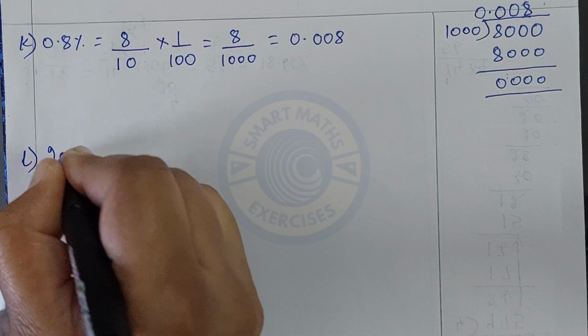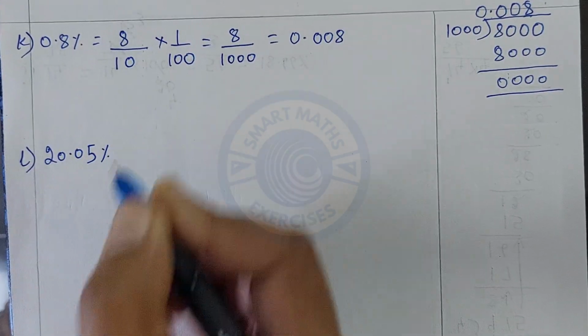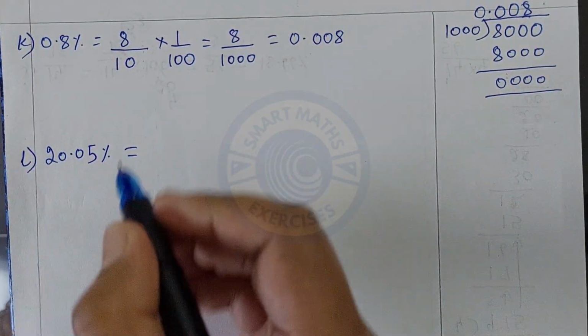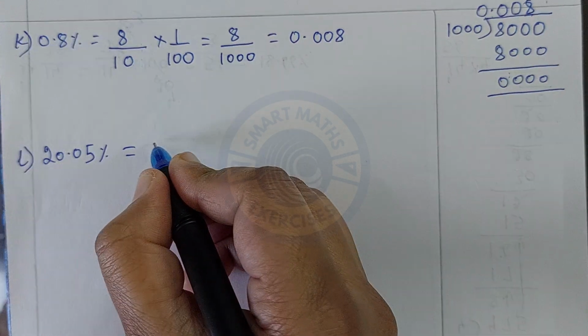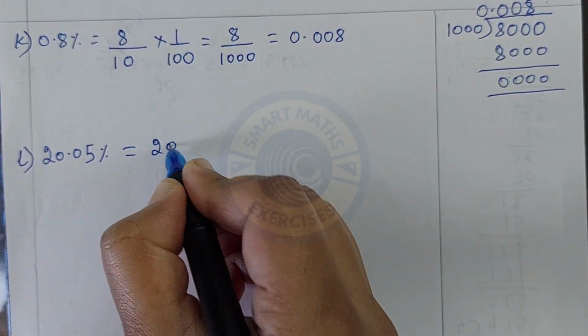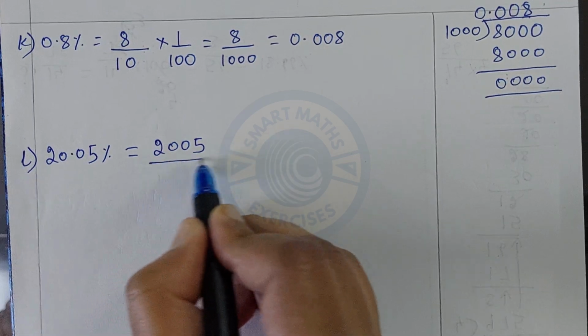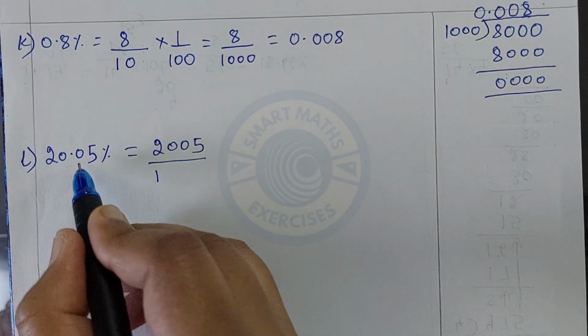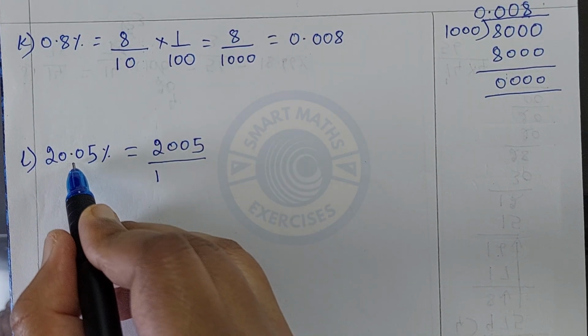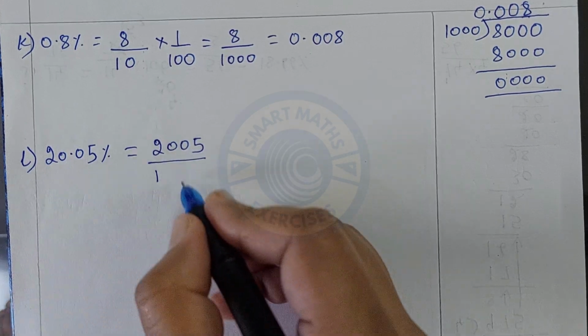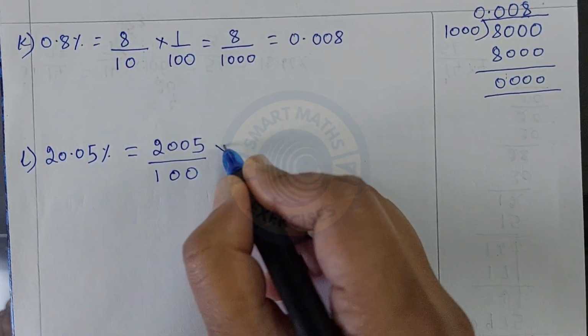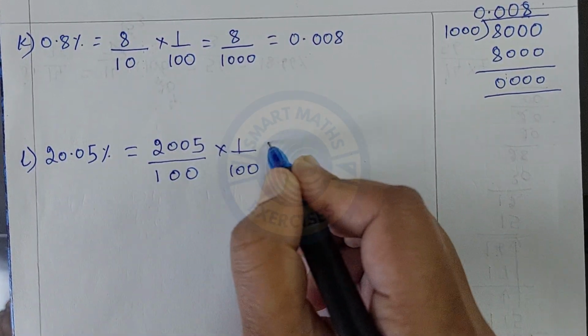Next question is L, 20.05%. Now this is a decimal number. Convert this into a fraction. Keep 2005 up and write. There are 2 numbers after the decimal point, so add 2 zeros into 1 by 100.